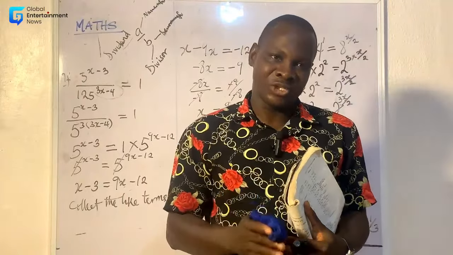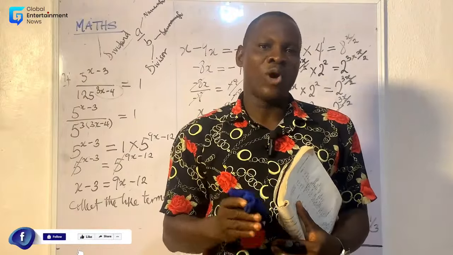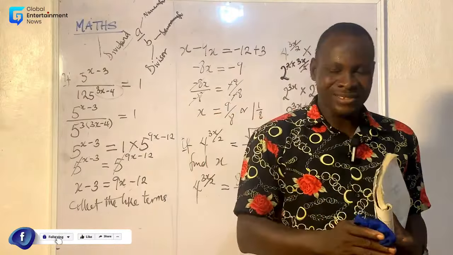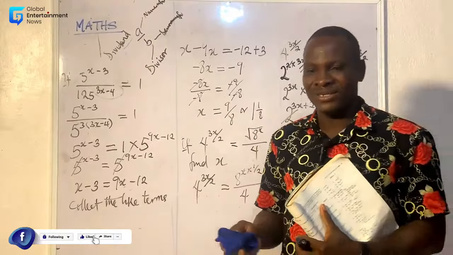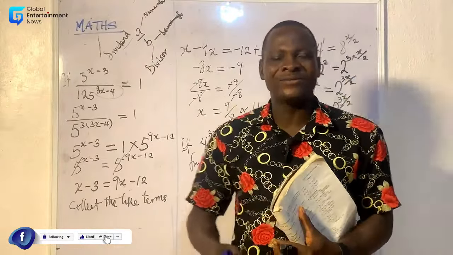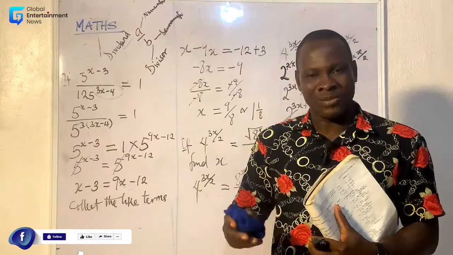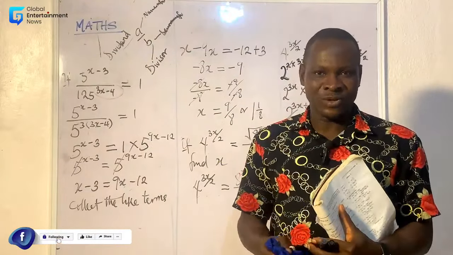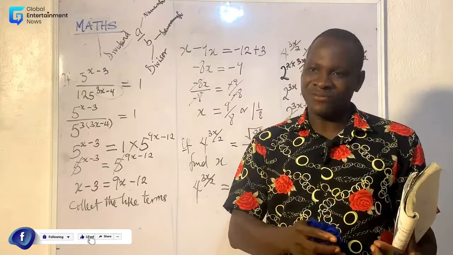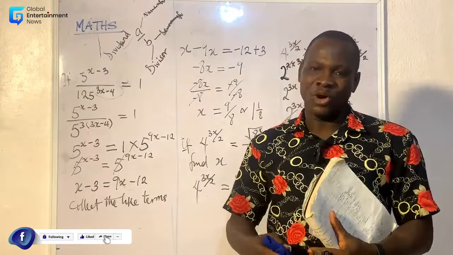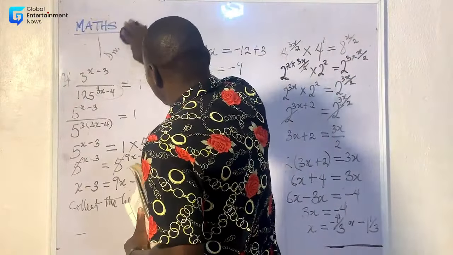Once they teach you indices, logarithm always follow. Indices, logarithm, indices, logarithm. And do you know the funniest part of it is that both of them have 7 commandments. I call it 7 commandments, not the commandments of God. So 7 commandments. It means indices have 7 laws, while logarithm also have 7 laws. Now let's quickly look at that.